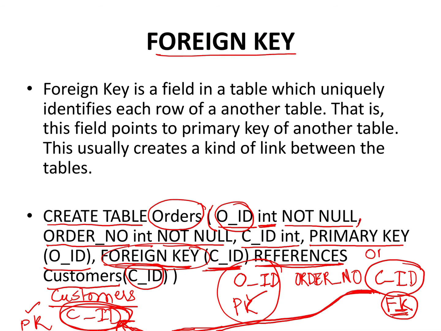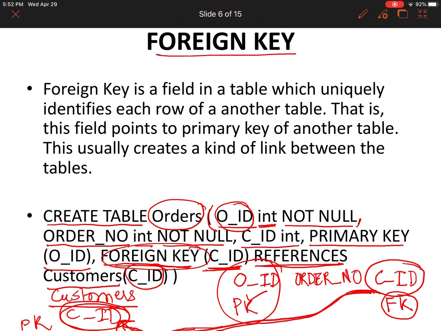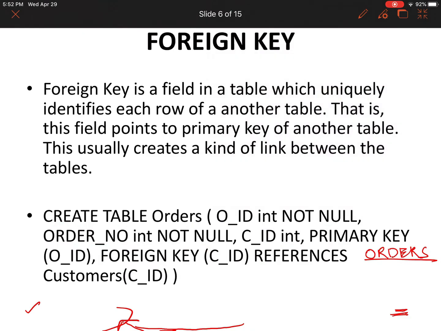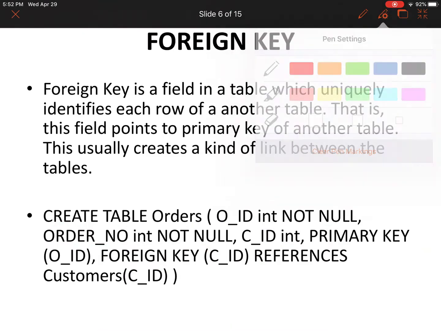So in the orders table, whatever CID is there is the foreign key, and I have drawn an arrow mark here which is referring to the customers table with CID, which is the primary key there. So this is what is meant by the foreign key. I have established the relationship between them.